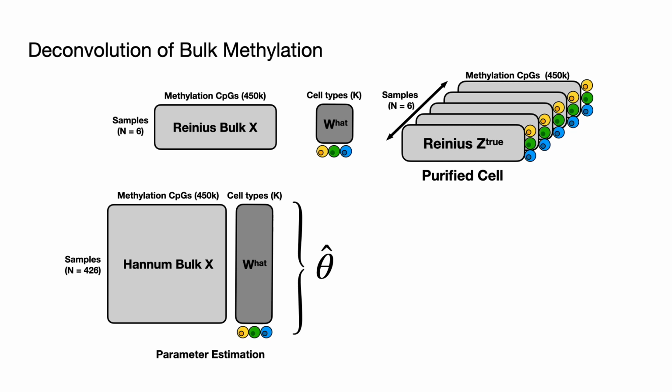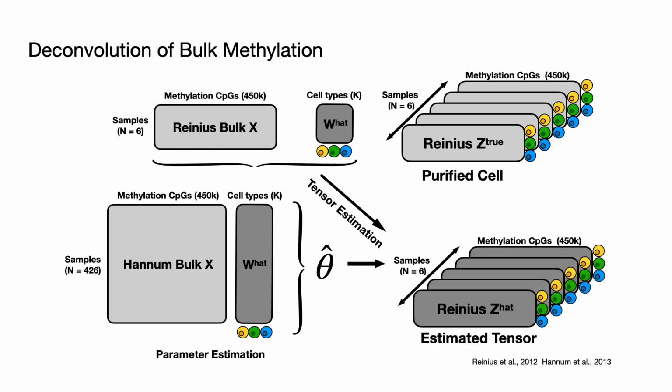We similarly use some decomposition method to get the cell type proportions for the smaller dataset, and with that, we're just going to transfer this data, learn in the larger dataset, and use that to estimate the tensor for the smaller ones.